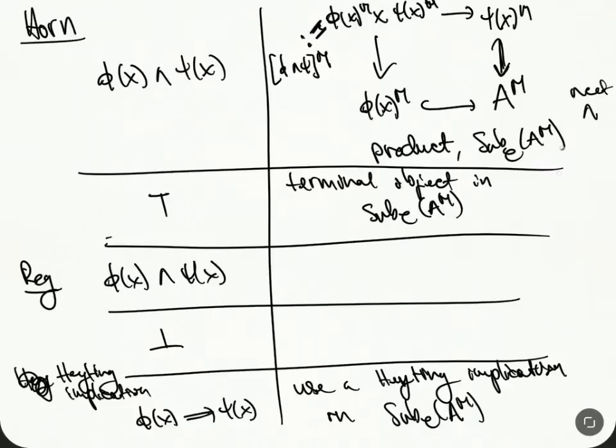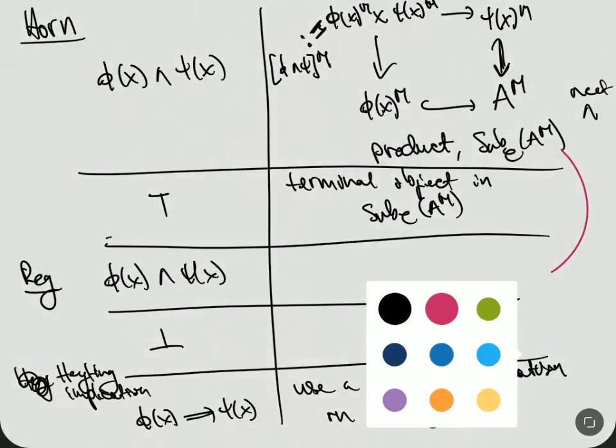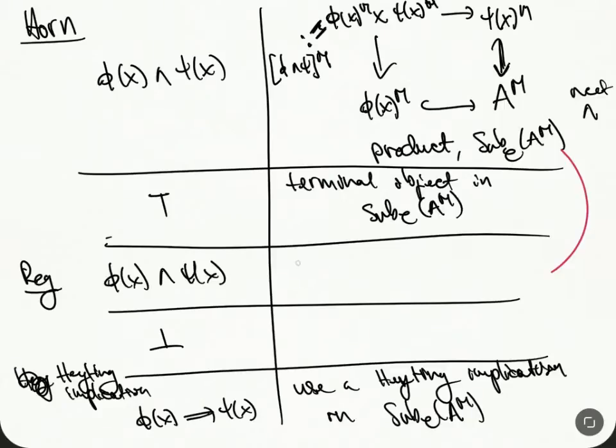These two are very similar. This uses coproducts, or meets, or sorry, joins. So it uses the fact that the sub-object lattice has a lattice, and this uses initial objects.